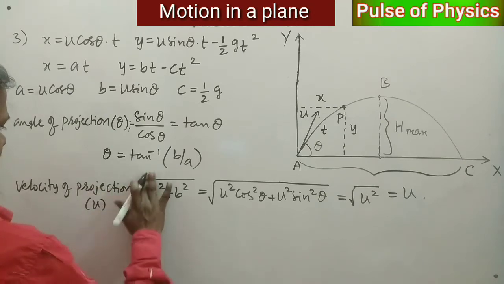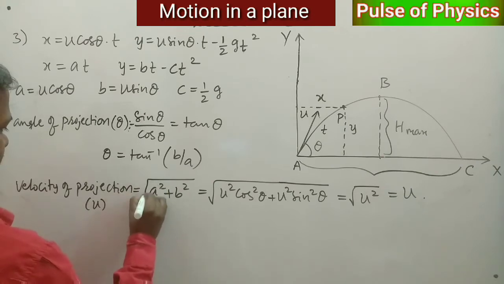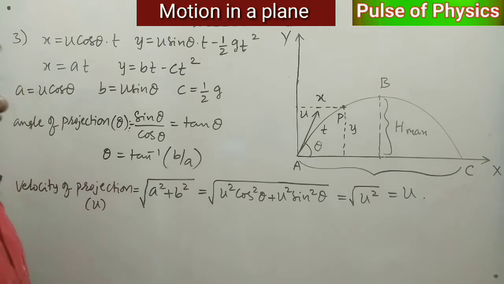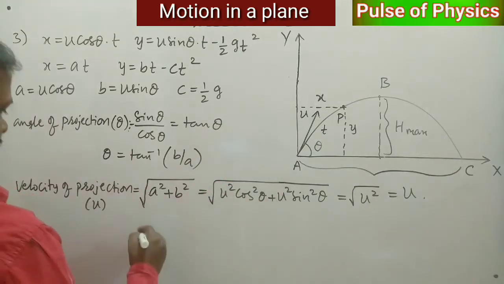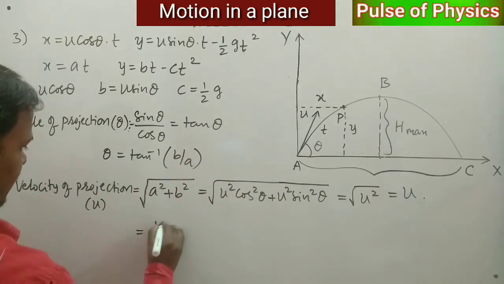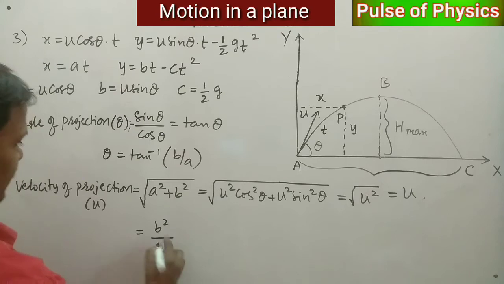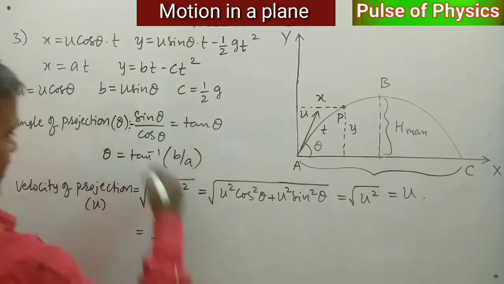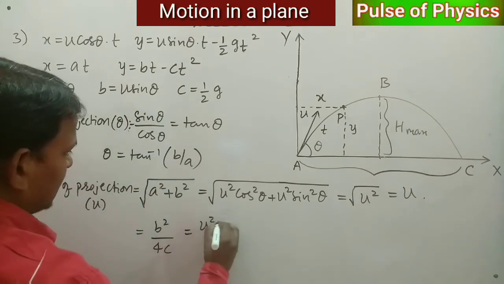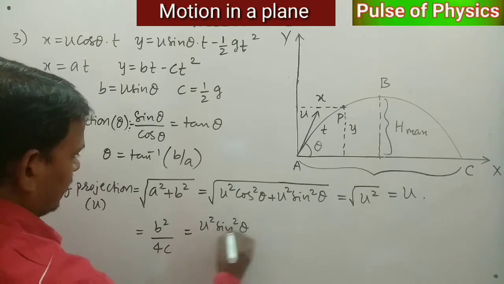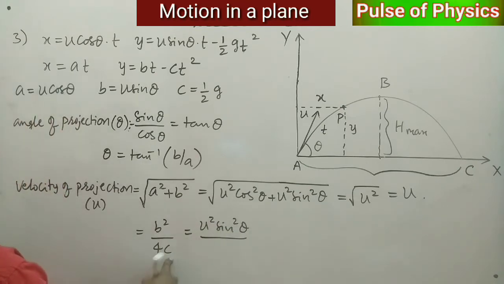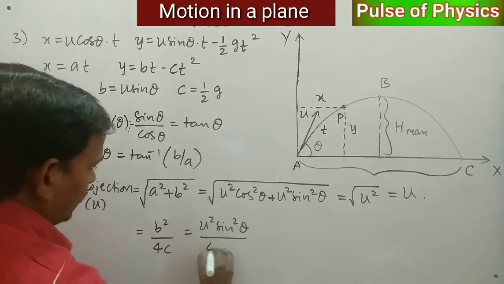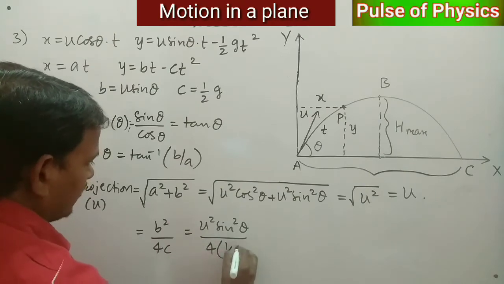Next, I wanted to find the maximum height h max from this. Here I am finding b square by 4c. What will we get? b square by 4c is u square sin square theta by 4c, that is 4 into half g.